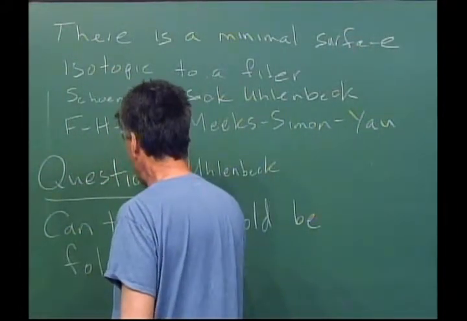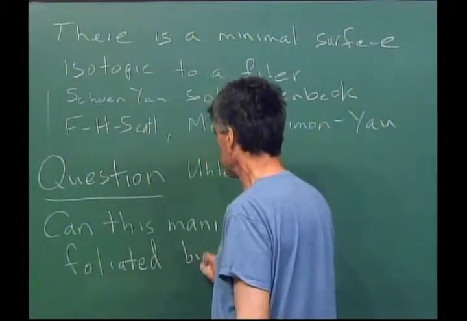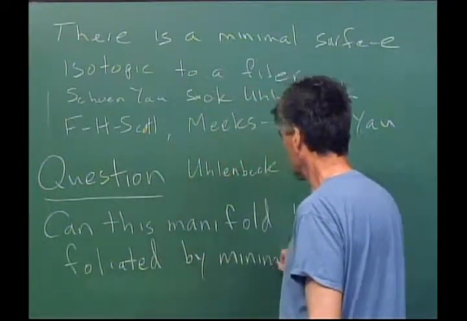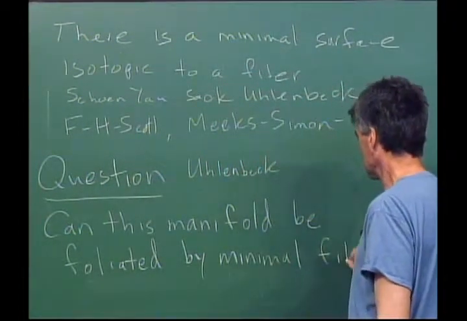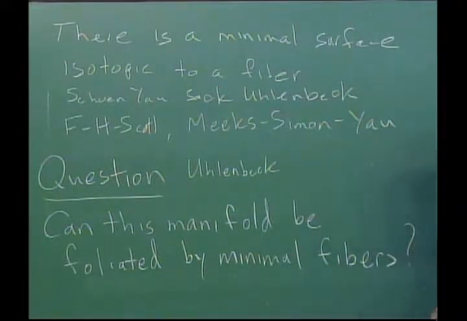So can you make all the fibers minimal at the same time? Now, this isn't such a ridiculous possibility because there was a theorem of Dennis Sullivan that was proved a little before this. In 1979, it appeared.